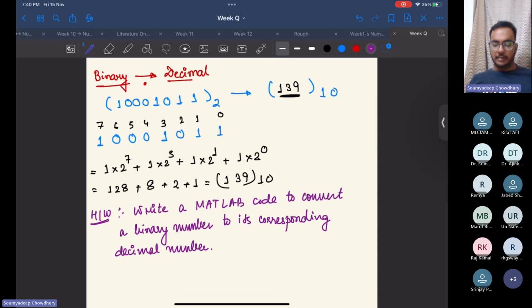Fine. Is the question clear? Your input here should be a binary number and the output should be the corresponding decimal number.